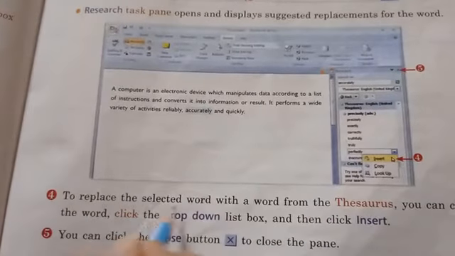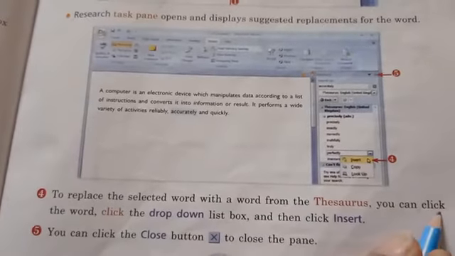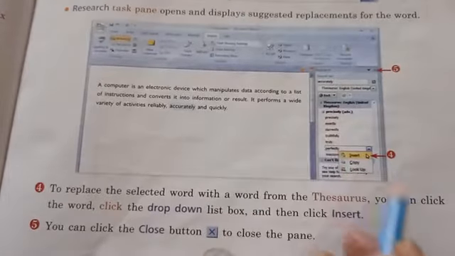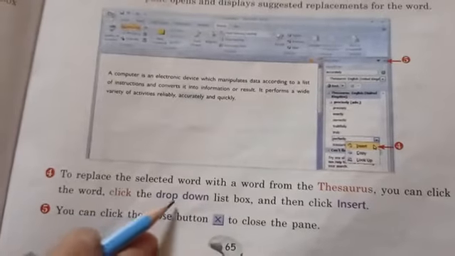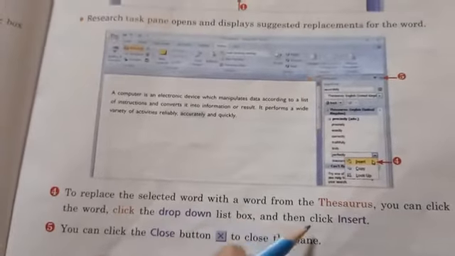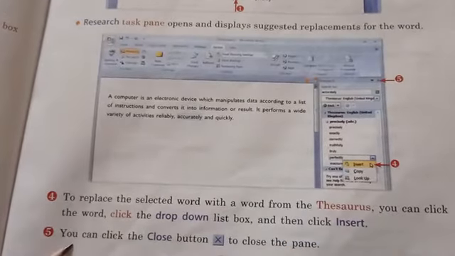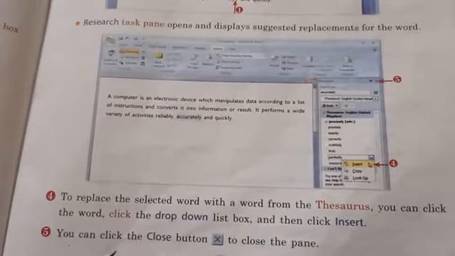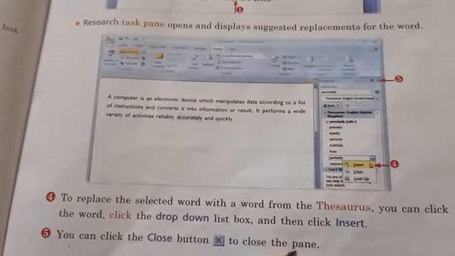To replace the selected word with a word from the Thesaurus, you have to click the word. Click the drop-down list box and then click Insert. After that you have to insert it. Fifth step, you can click the close button to close the pane.